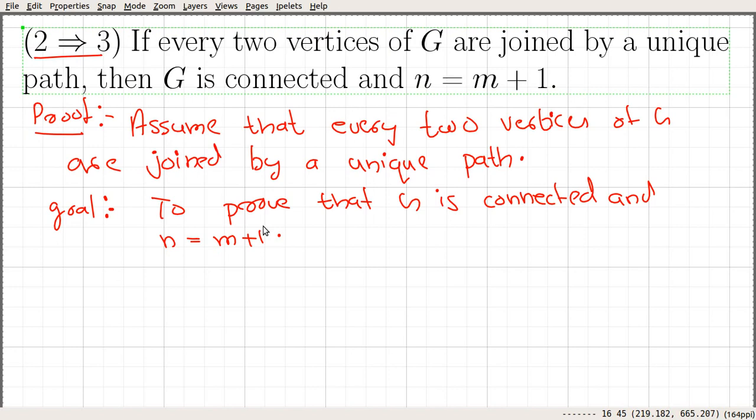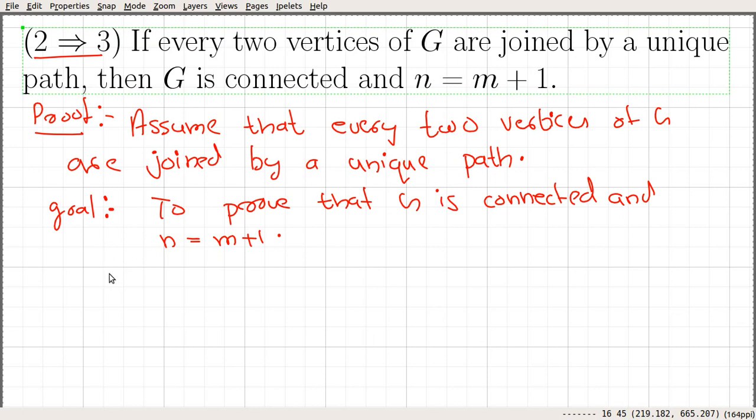So we prove by induction. Here let's prove the statement G is connected first, then after that we will prove the other part. So here we can see that the graph G is connected. The assumption is that every two vertices of G are joined by a unique path, and that says G is connected.